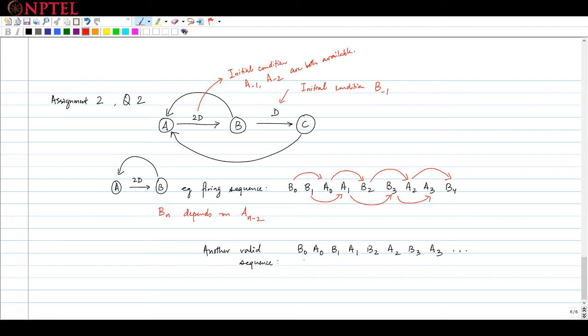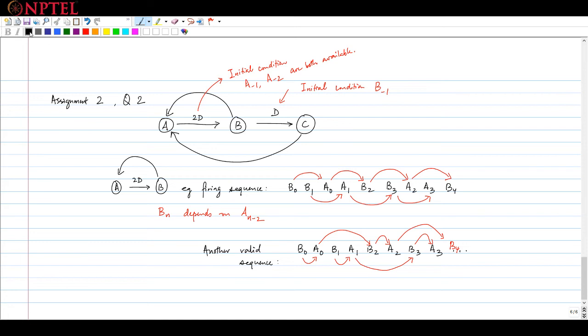Why? Because the B0 to A0 dependency is directly there, B1 to A1 dependency is there, A0 to B2 is required over here, and similarly A1 to B3, B2 to A2, B3 to A3, right? But after that, A2 would have a forward dependency to B4, and so on. Okay, so in other words, both of these are valid firing sequences.